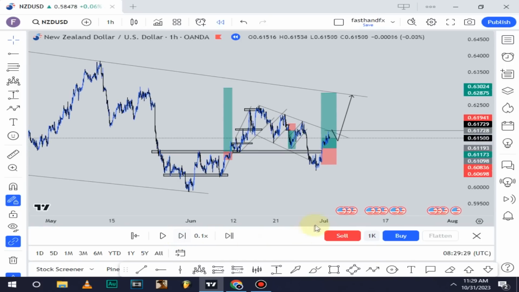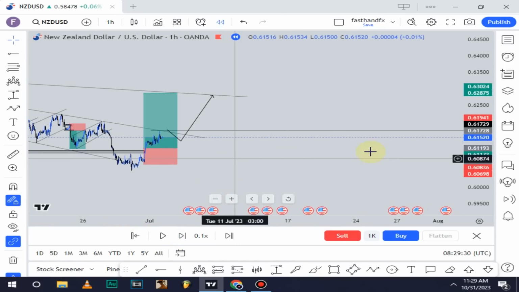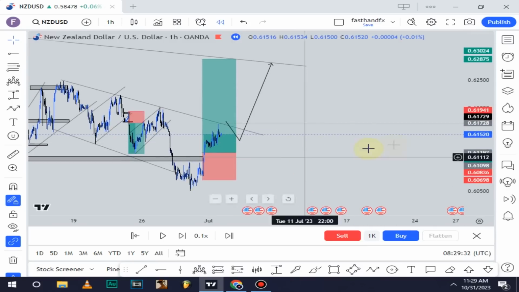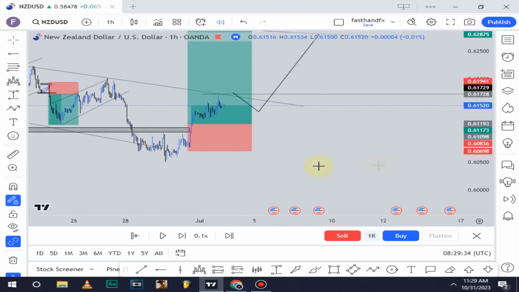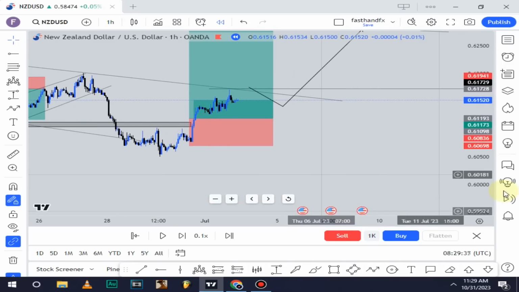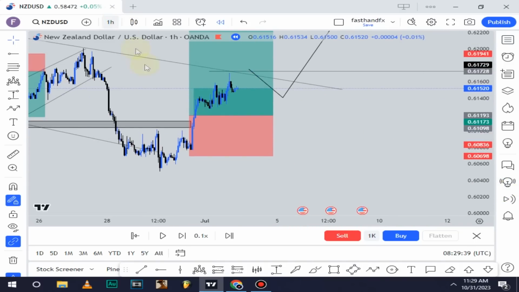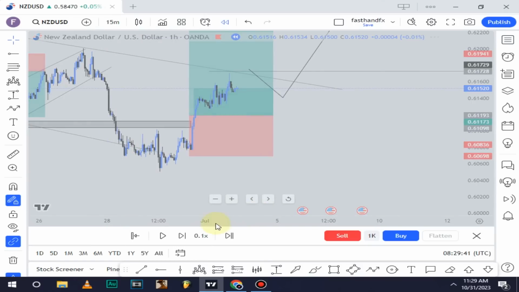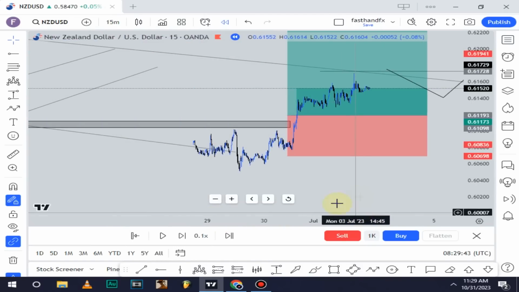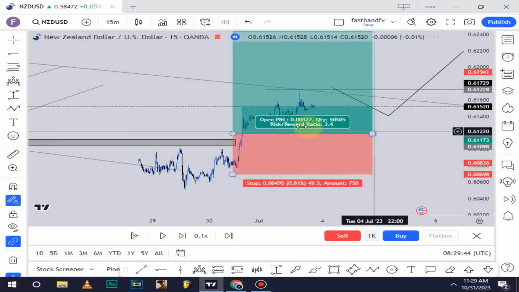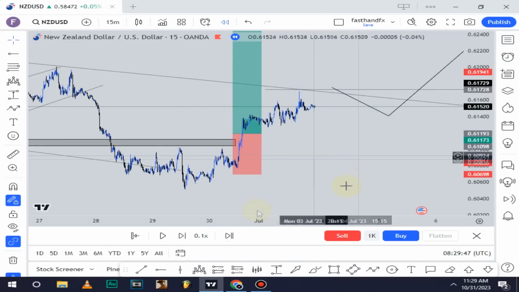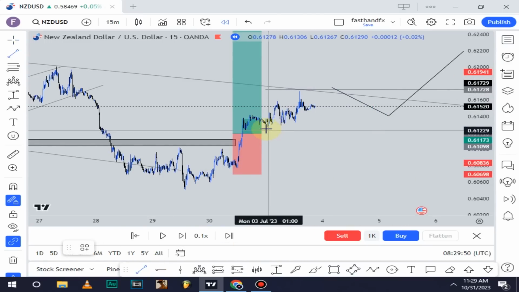All right, wait. I can see something. The market is approaching our resistance in a certain type of nature. We need to also identify that, so let's go to the 15. Look at this.